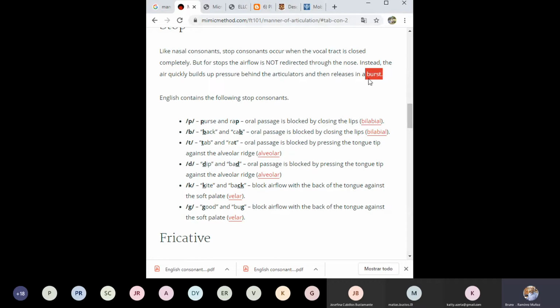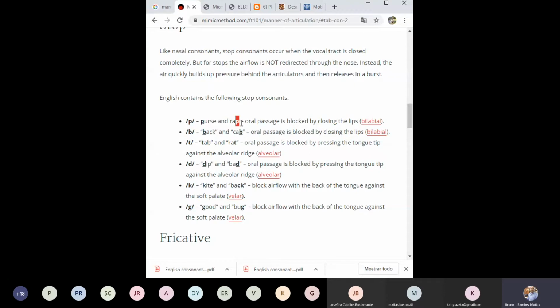And that plosion or puff of air does not necessarily occur when you say, for example, rap, or cap, or back. Because you basically stop the air, and there is not an actual release of the air in a burst.